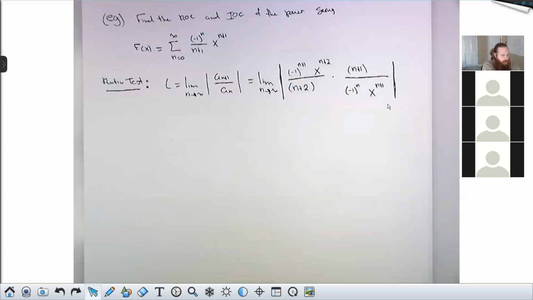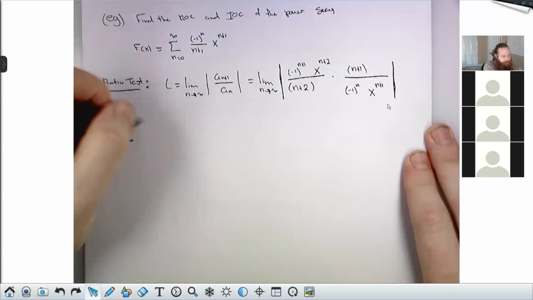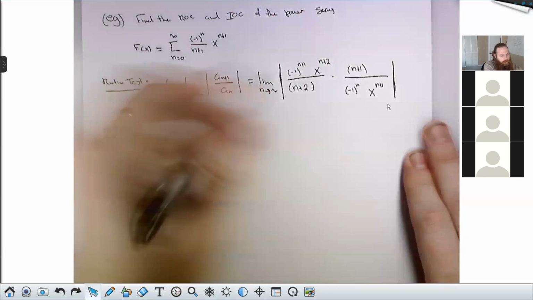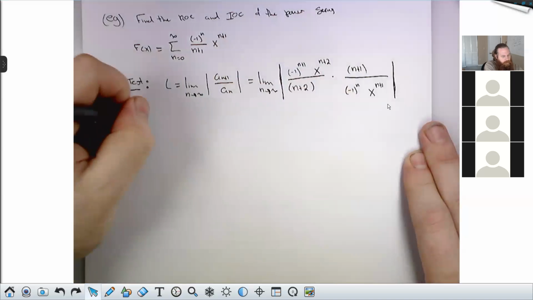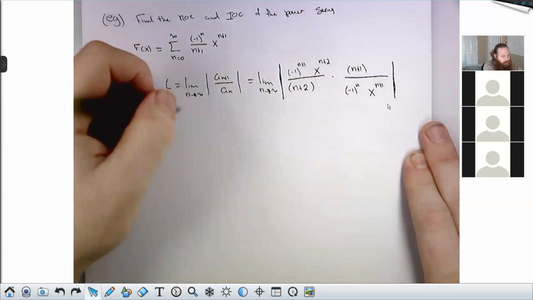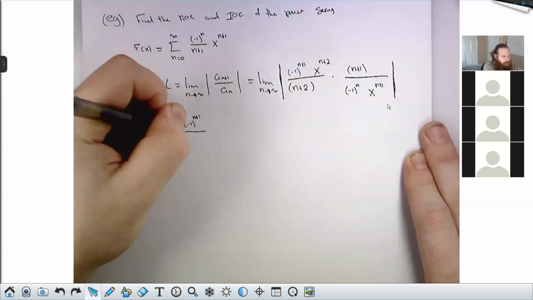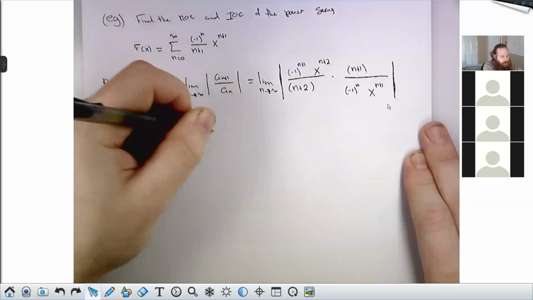Now, just like I would do in any of these other problems, I want to put these pieces together. So I have x to the n plus 2 over x to the n plus 1. Let me put those together. I have negative 1 to the n plus 1 over negative 1 to the n.